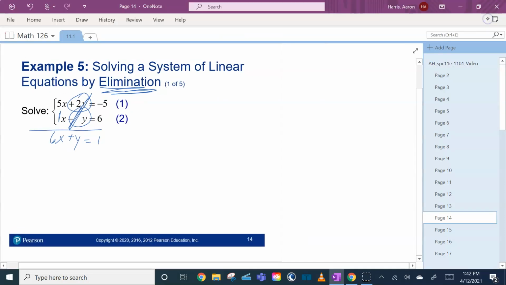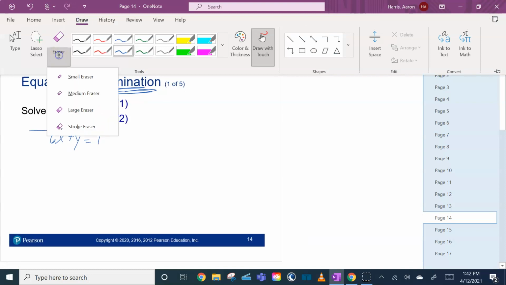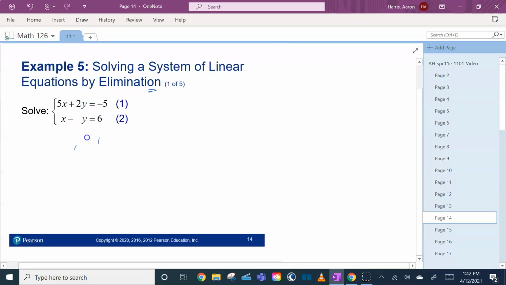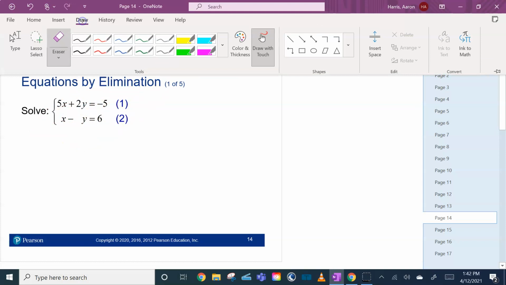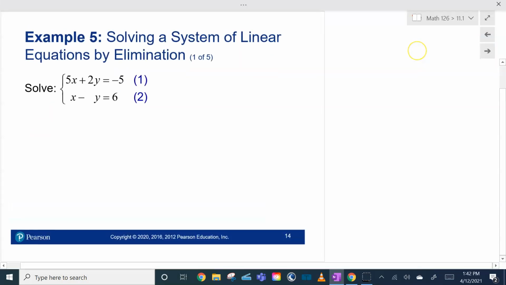Okay, so what I'm going to do is, let me think about this for a minute. I'm going to look at this and say, all right, which of these variables is easiest to eliminate? And maybe it's the x's, but I'm going to pick the y's. If this is 2y, I need this to be negative 2y. Well, it's already a negative 1y.